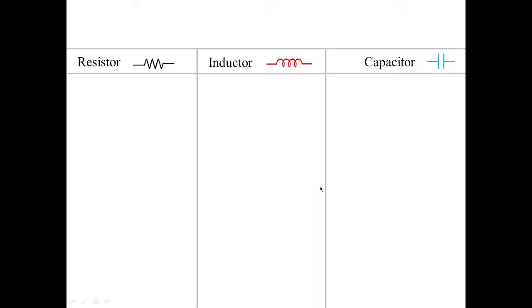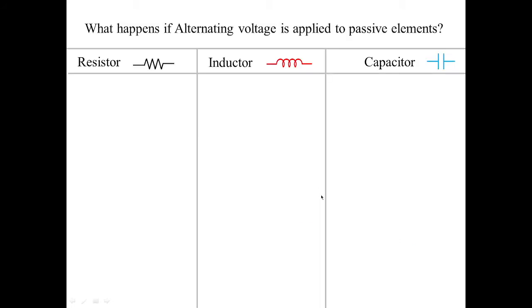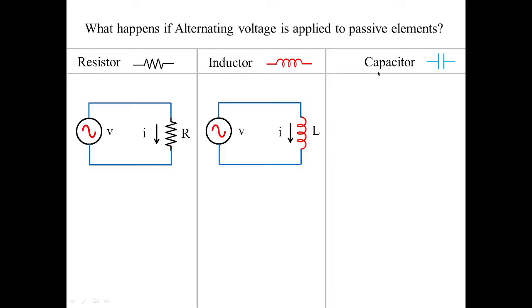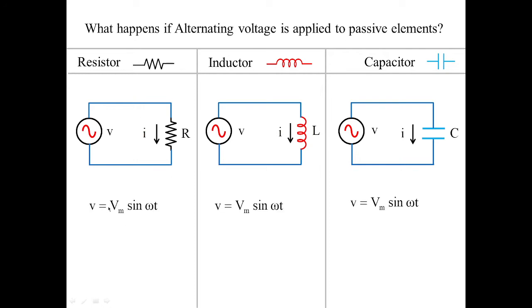What we have seen from our previous classes is the behavior of alternating voltage when applied to passive elements, respectively resistor, inductor, and capacitor in their pure form. When they are applied across these elements, we came to a conclusion that the current is in phase with voltage when the pure resistance is applied across alternating voltage.